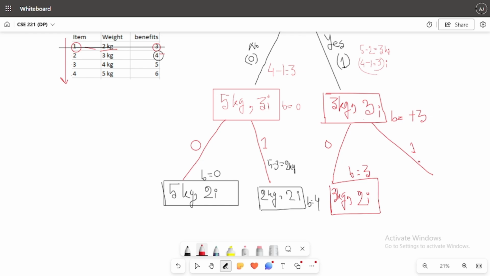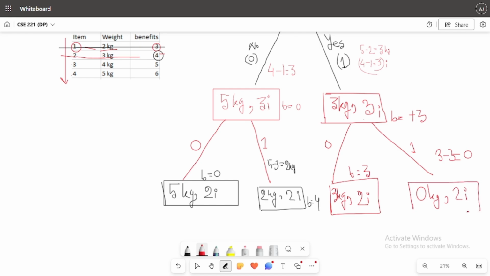Now if we pick the item, we will see the column number 2. So for column number 2, it is 3 kg. So 3 minus 3, what is that? 3 minus 3 is 0 kg, right? So 0 kg, and our item will be 3 minus 1, which is 2i.